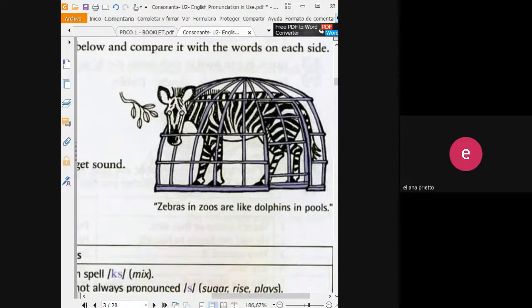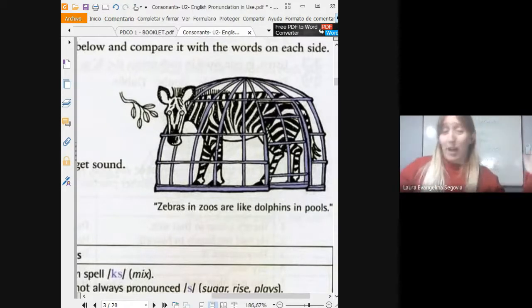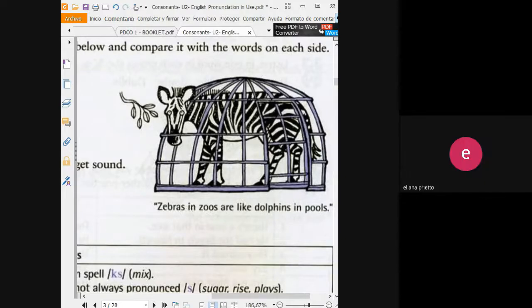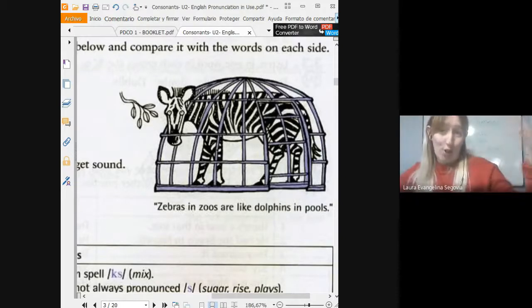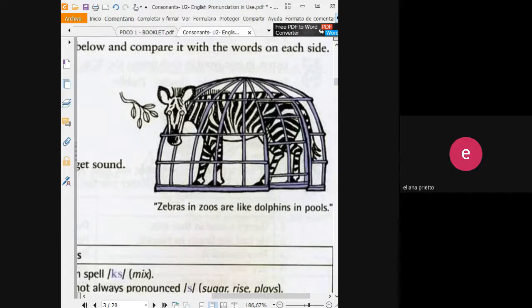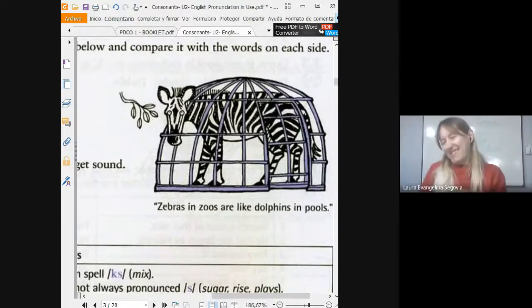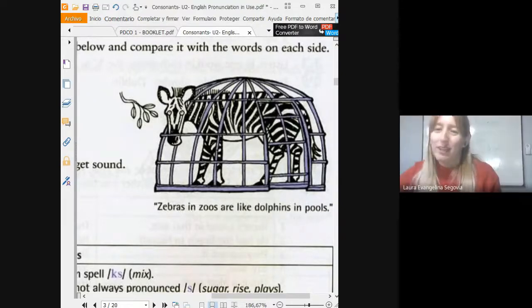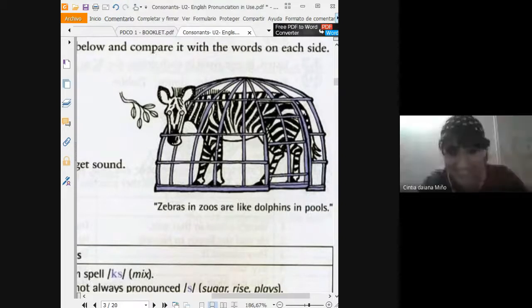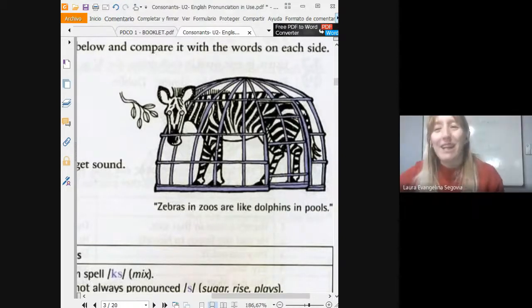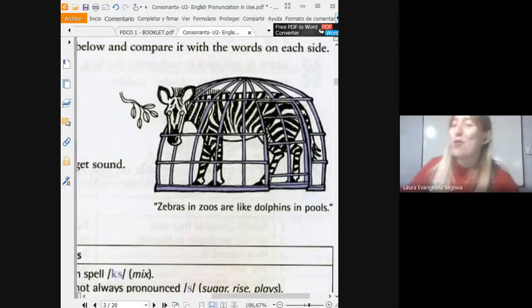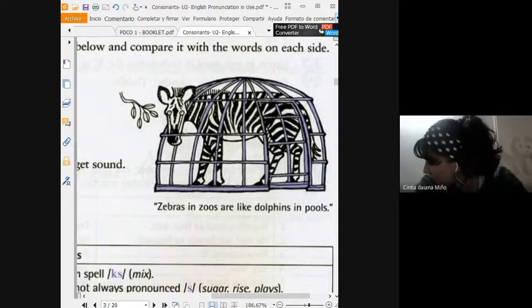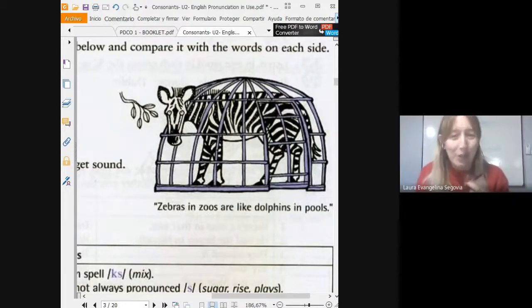Zebras in zoos are like dolphins in pools. Okay. I don't know why she would speak like this, but imagine. Zebras in zoos are like dolphins in pools. No, that's not a Queen. Sorry. No, you won't have a title. Okay. Thank you, Eli. Very good.